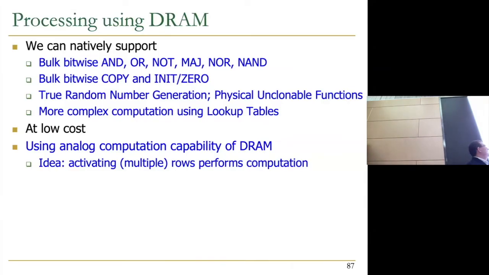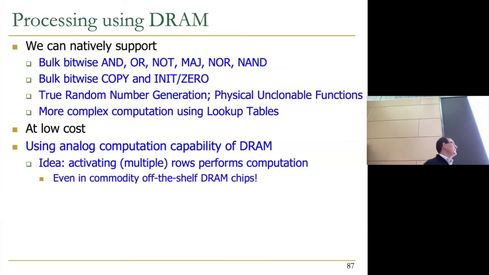Concurrently or sequentially activating multiple rows performs computation. Now that's interesting. We're going to look at circuit theory, and theoretically, this is possible, as we have shown. Now, what's really fascinating is even commodity off-the-shelf DRAM chips are able to do this. You take a DRAM chip that's not designed for this purpose today, you violate the timing parameters, and we see these functions. So I'm going to talk about that at the end.